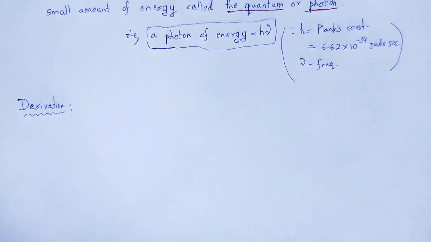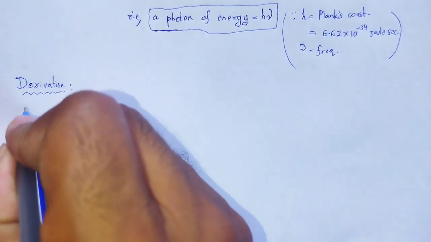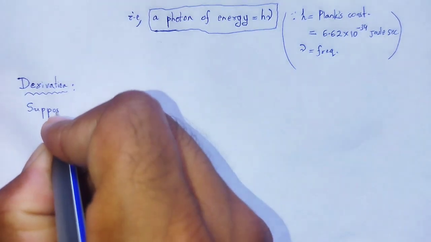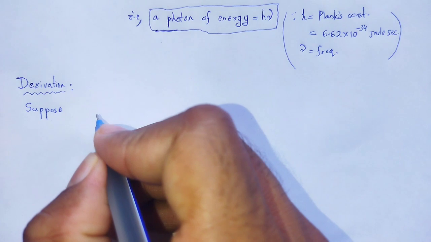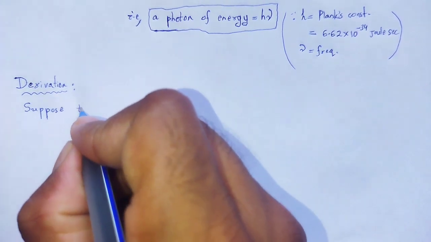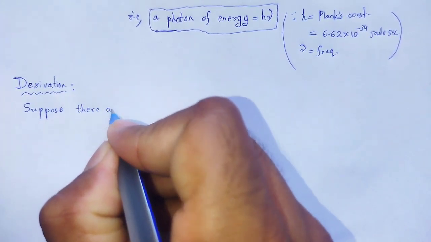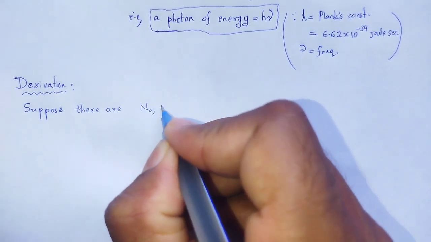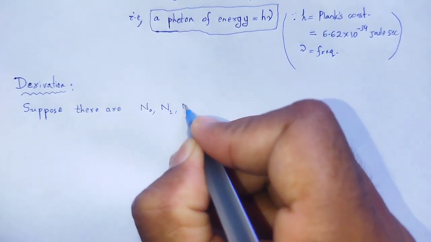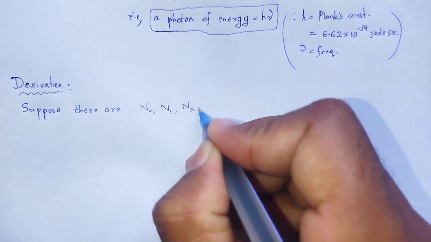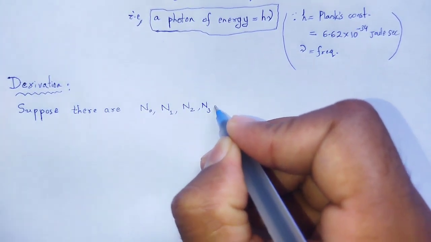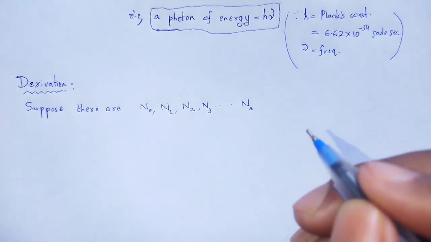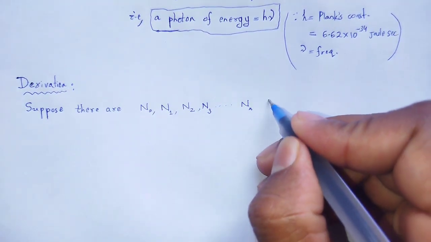Suppose in that blackbody cavity there are N0, N1, N2, N3 up to Nn number of Planck's oscillators.